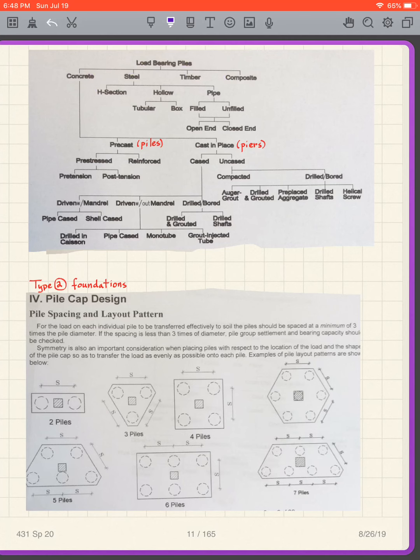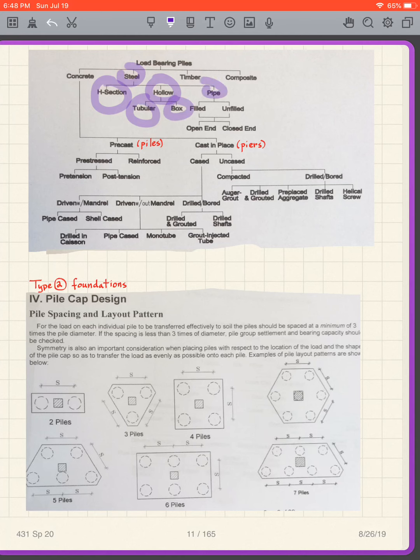If we look at more information about, for instance, steel, what do we have? We have an H section. In other words, an H section is like an I-beam in the ground. Hollow steel, what could it be? It could be like a tubular or pipe-ish or a box.